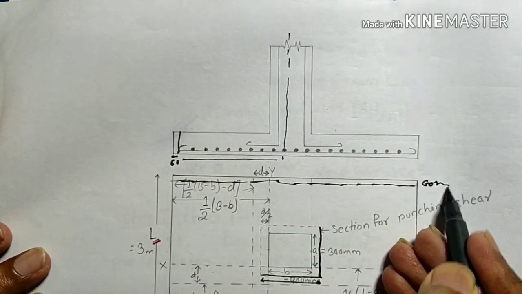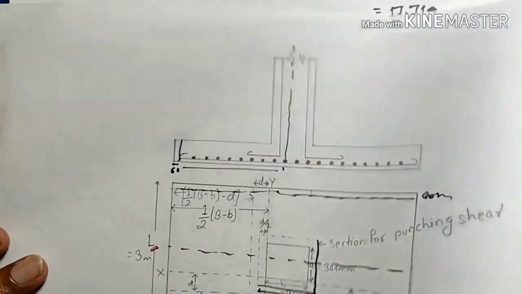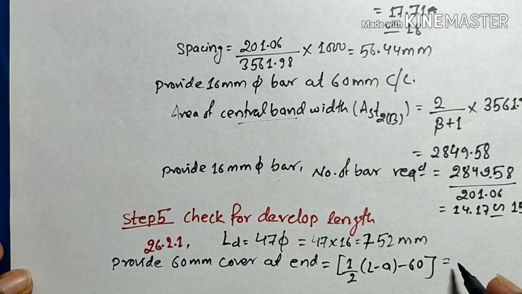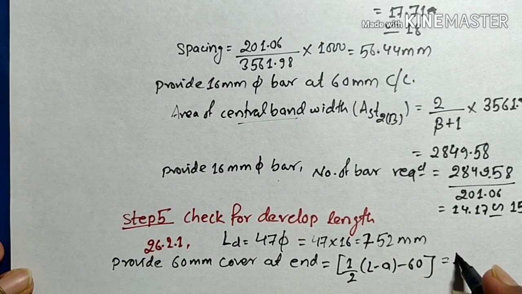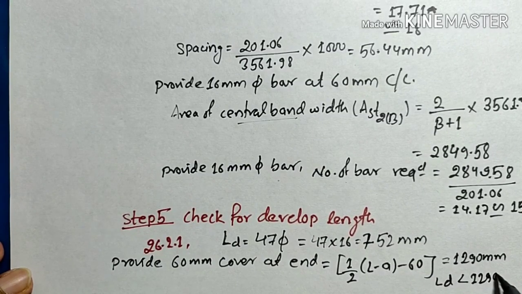Okay, and we are considering half of the span. So on doing so and putting the values, we will get its value as 1290 millimeter, and we have got that LD is less than this value 1290 millimeter, which is okay. And this was our final step in this numerical.